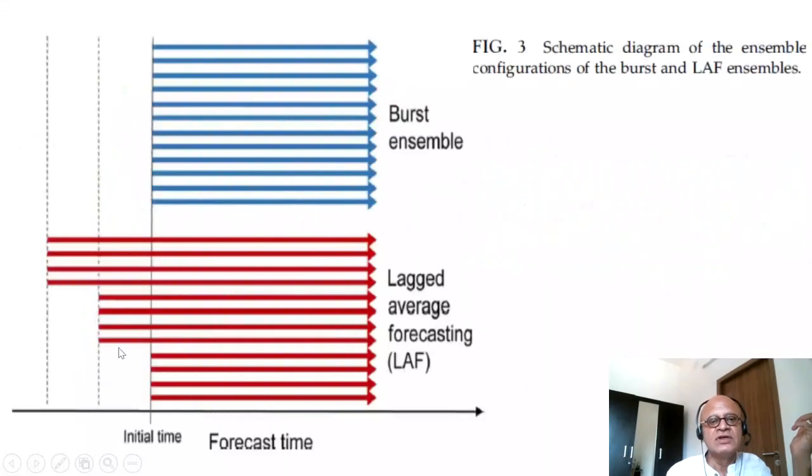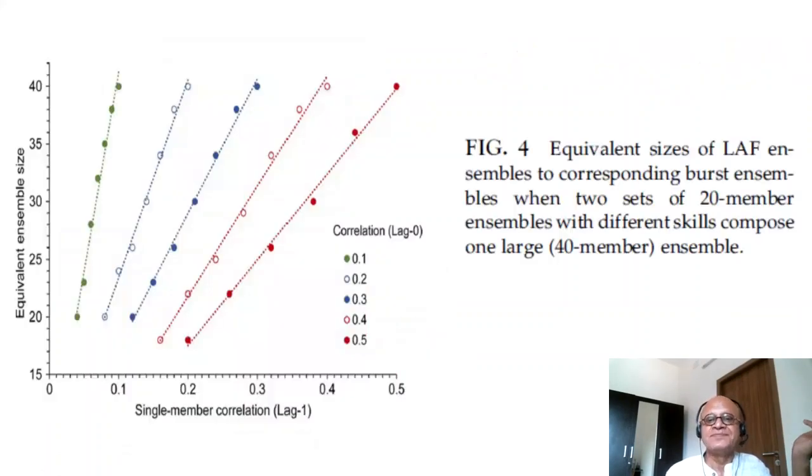For example, the computational power required to do this is much lower than this, but there are disadvantages that you are mixing lower skill forecasts with better skill forecasts. So this initialization may have a better skill than forecasts initialized earlier. Okay, so these are the choices to be made.